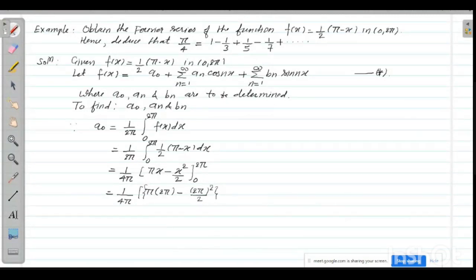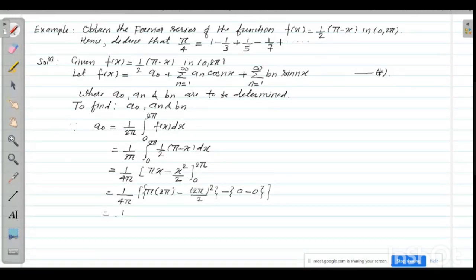This is for the upper limit minus lower limit. Instead of x we put 0, so the whole thing will be 0, and in the second term, instead of x square we put 0, the whole thing will be 0. So this is 0 minus 0. Okay, and close the bracket.